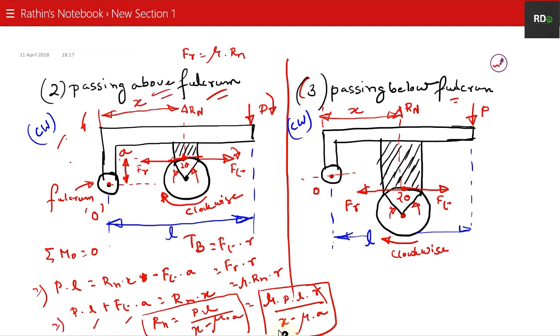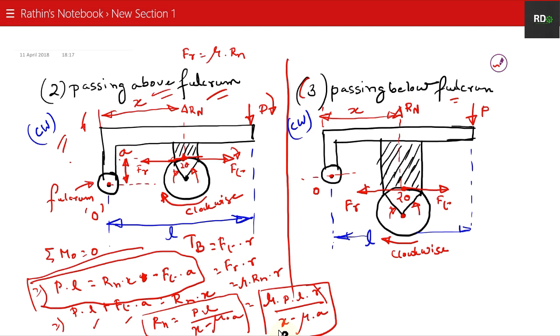But in this case, please remember, this is a clockwise case. If we change clockwise to anti-clockwise direction, what will happen? The thing will change a little bit. Your Ft into A was minus in this case because Ft is trying to move the thing in the clockwise direction.